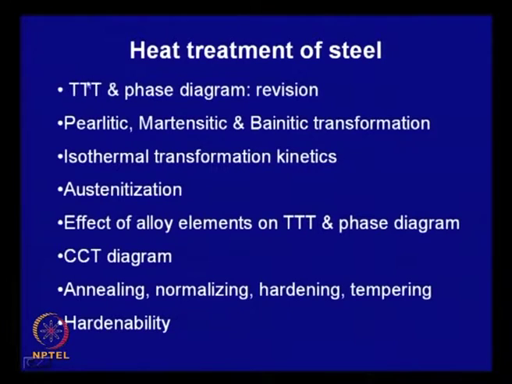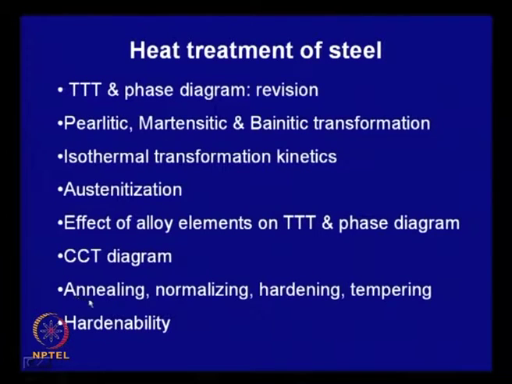These diagrams are generated from experiments conducted under isothermal conditions, but normally when you cool or quench a steel, the temperature at a particular point in the steel changes continuously. Now, we will see what the continuous cooling transformation diagram is. Is there a relationship between the CCT and TTT diagrams?